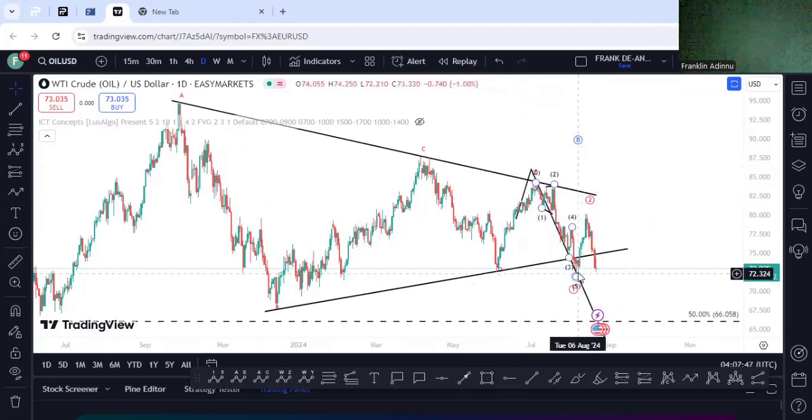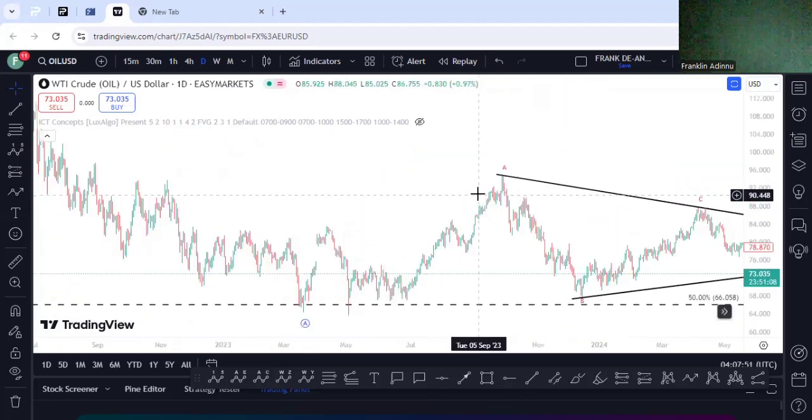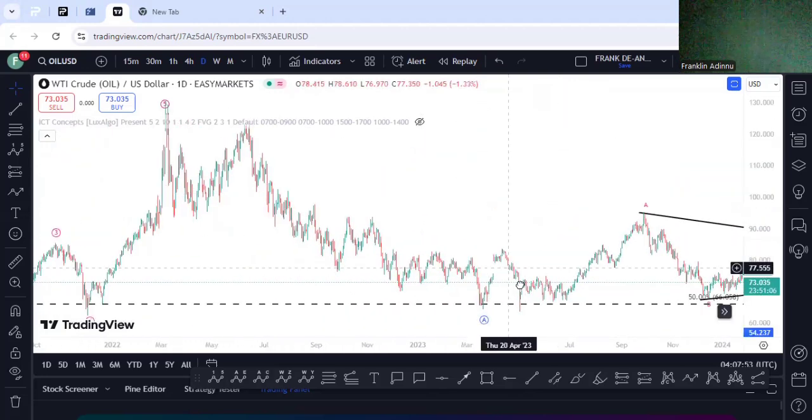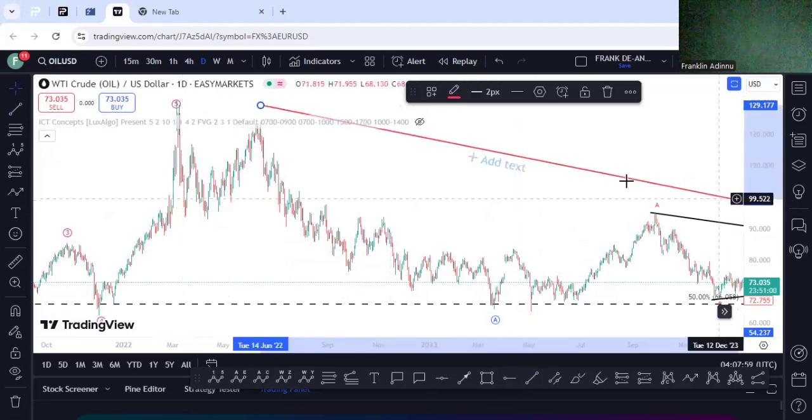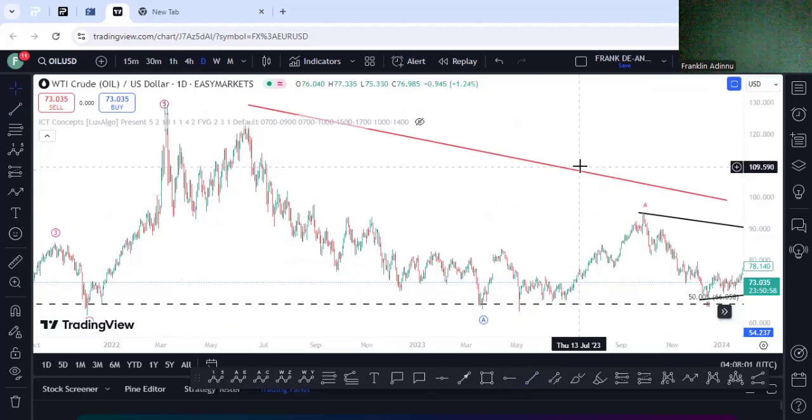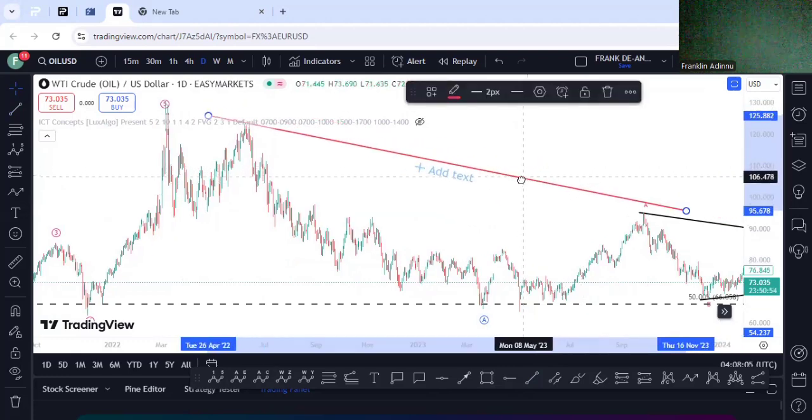You see that this one broke the triangle, came back and broke it again. So this ABCD now shows a sign. Let's check this trend line and see what is happening, whether it breaks on the top side.